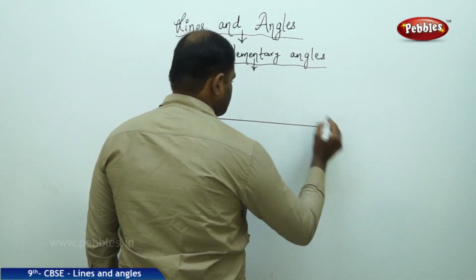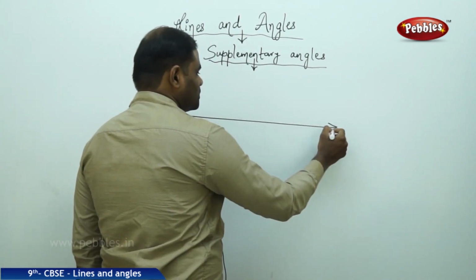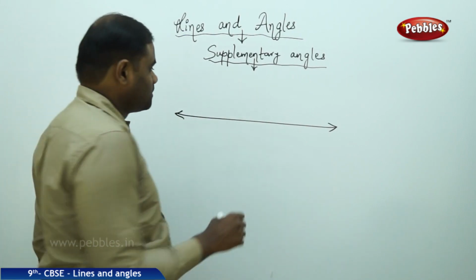Imagine I take a straight line. Let me say there's another line which cuts this line at some angle.